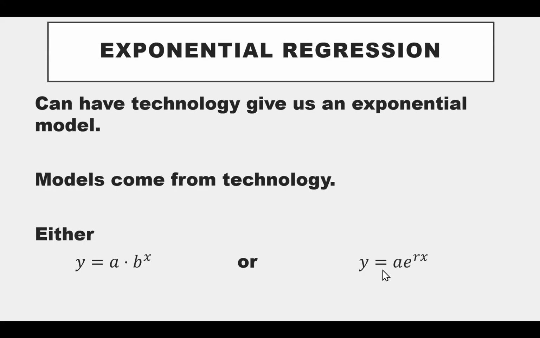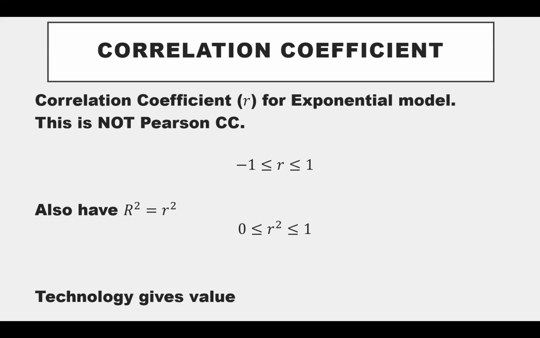So either technology will give you a model that looks like y equals a number times e to the rx, or y equals a number times b to the power x. Both of these are actually the same. If b is equal to e to the r power, then these two are identical.